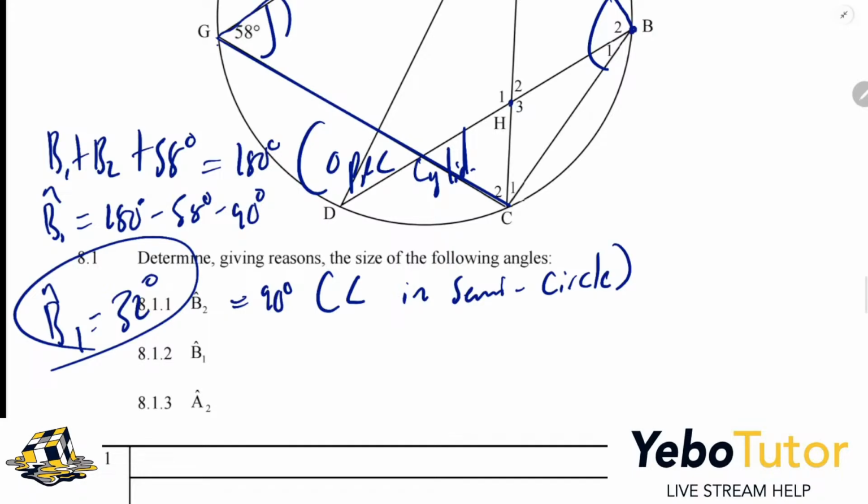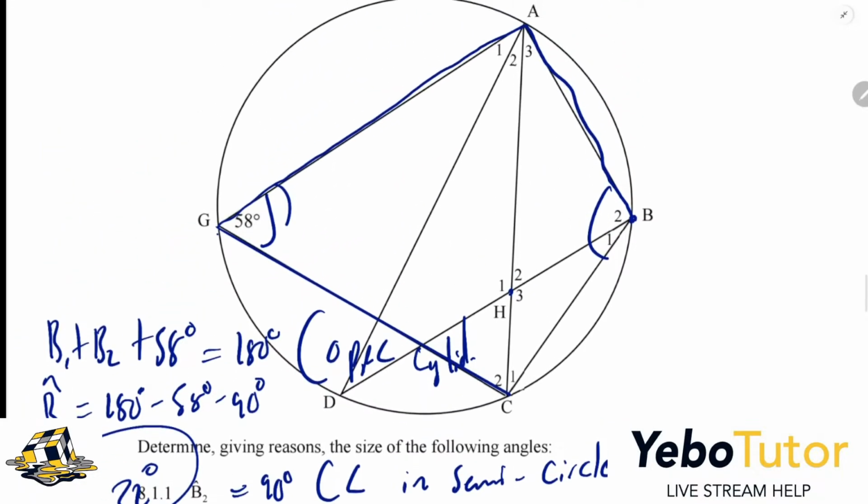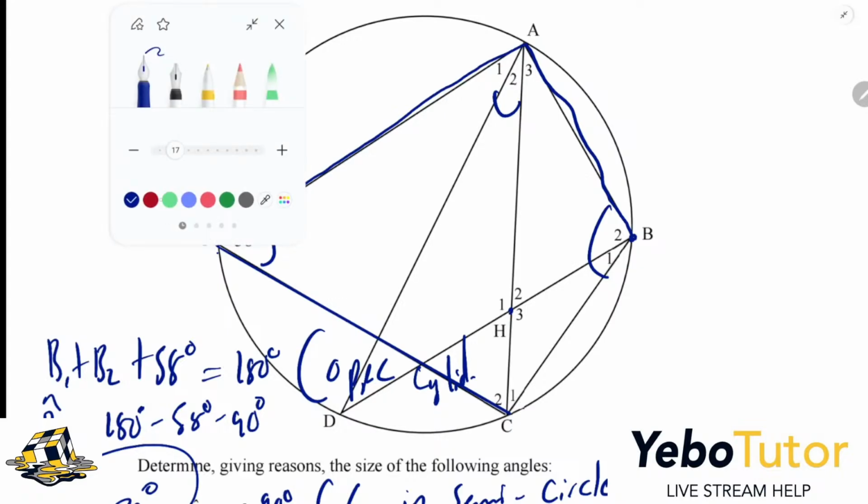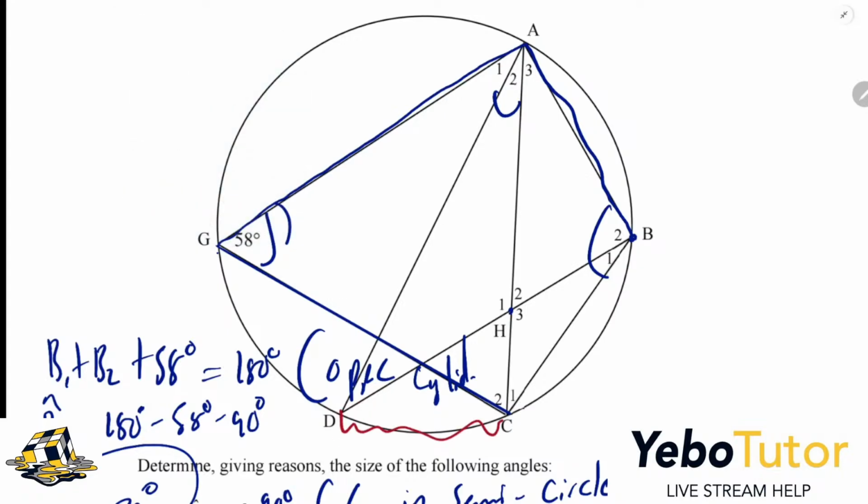Now they want you to find A2. Where is A2? They want this angle A2. How can you find angle A2? If we hold this chord DC, it goes and subtends at angle A, and it comes back again here.